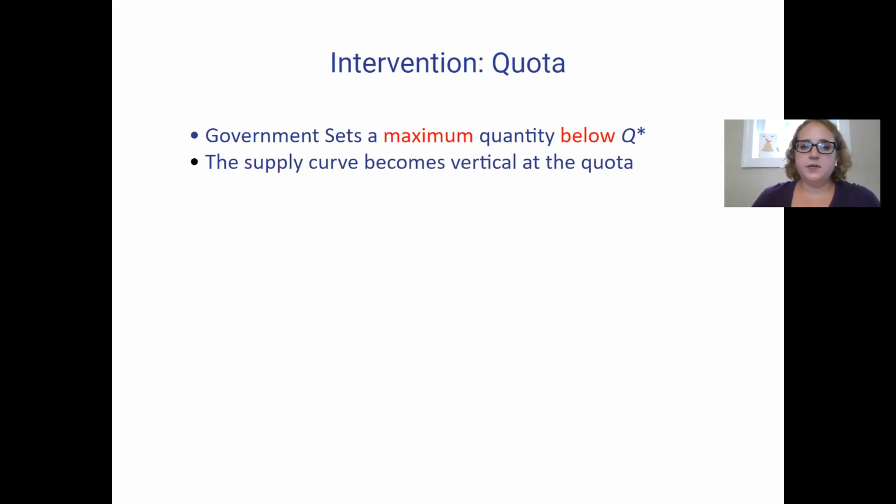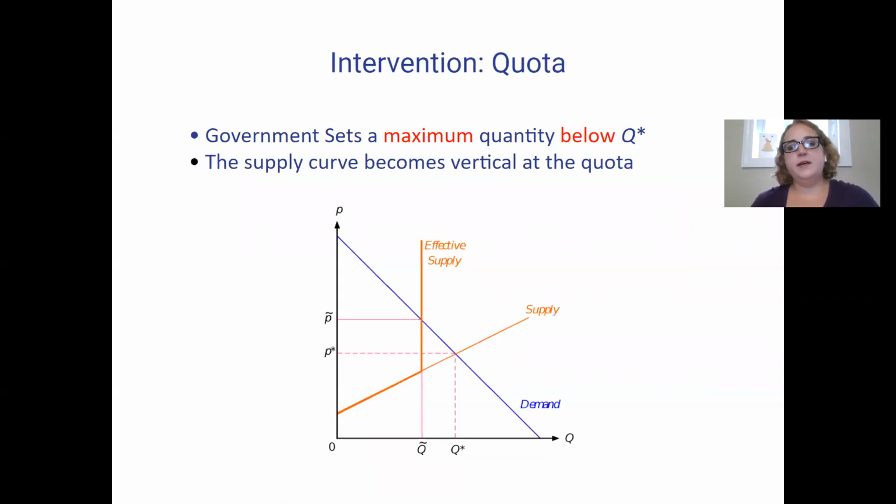So then the other type of intervention we haven't talked about yet is called a quota. Instead of a legal price of some sort, this is where the government is setting a maximum quantity, or legal maximum quantity.